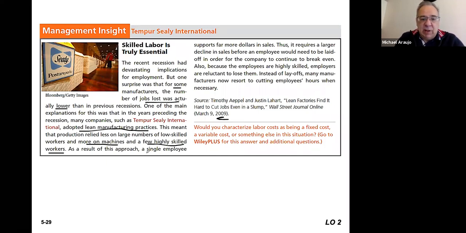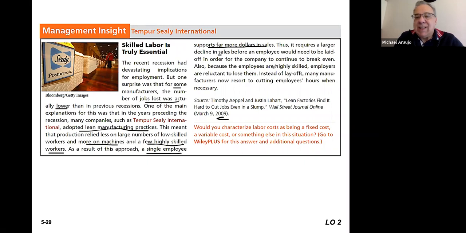And so as a result, a single employee supports more sales revenue. And that's very important. You want to support more sales revenue because you're more valuable to that company. Okay. So it requires a very, very large reduction in sales before an employee would need to get laid off.